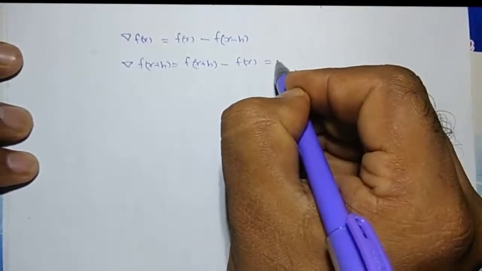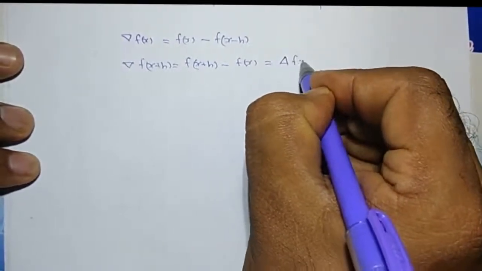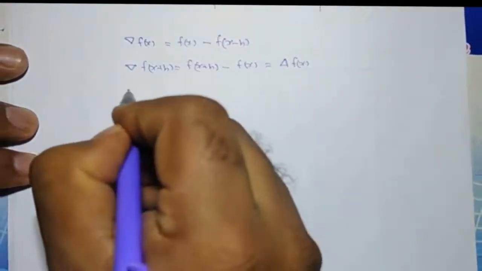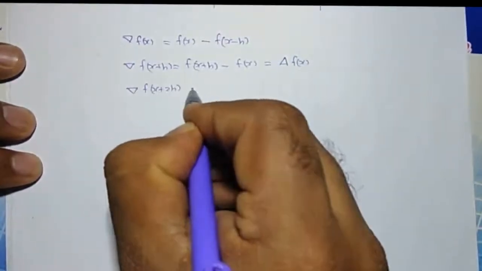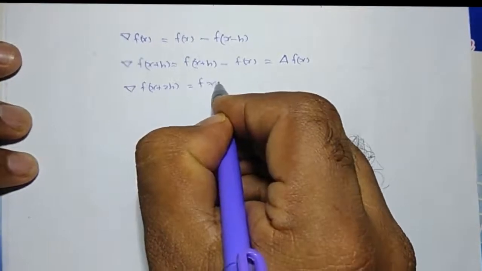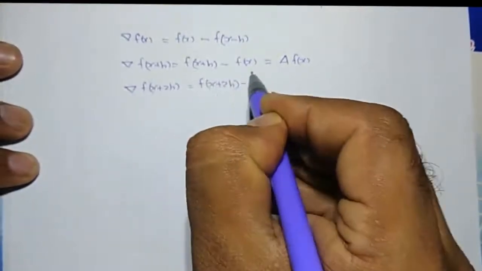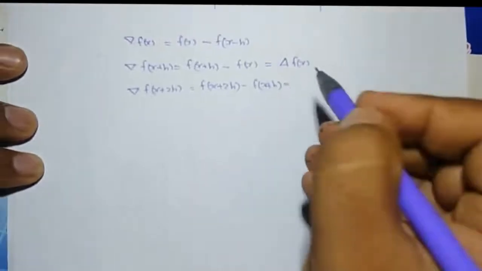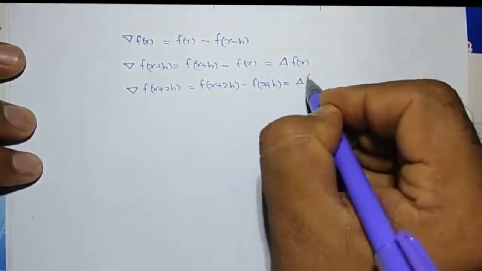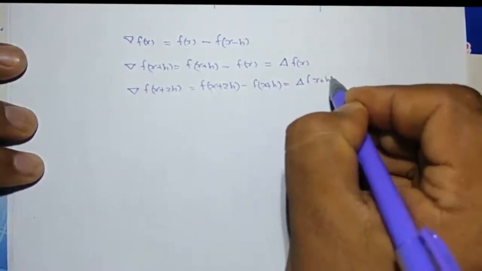This we know as delta f of x. Say nabla f of x plus 2h will be f of x plus 2h minus f of x plus h, which is nothing but delta f of x plus h.